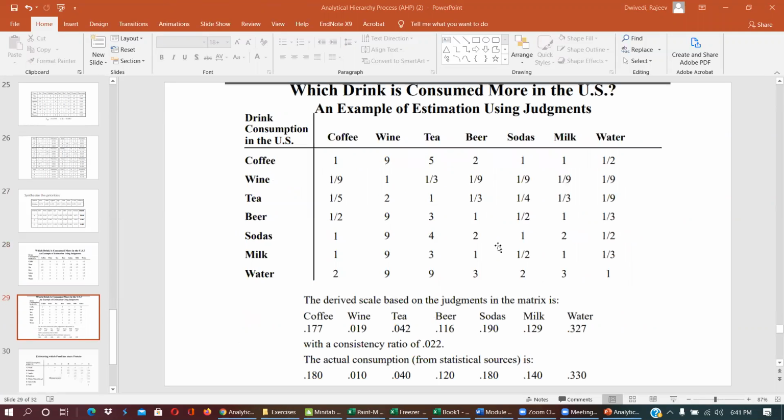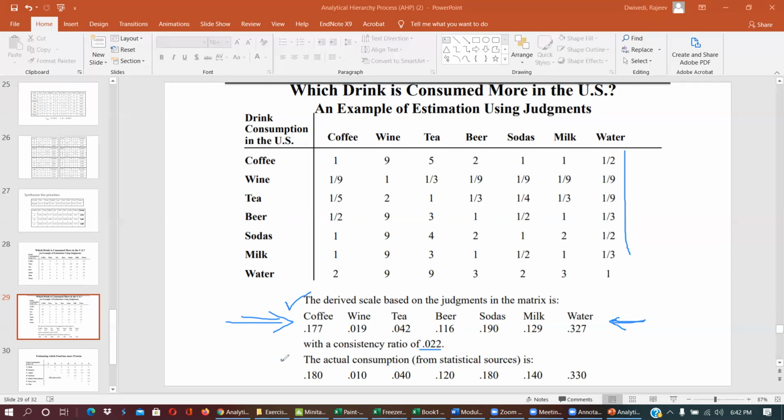And based on that, these are the values of the pairwise matrix, or you can say the weight of each thing. Coffee is 17%, wine is approximately 2%, tea is approximately 4.2%, beer is almost 11.6%, sodas. So based on AHP, these are the values that we determine, with a consistency ratio of around 2%.